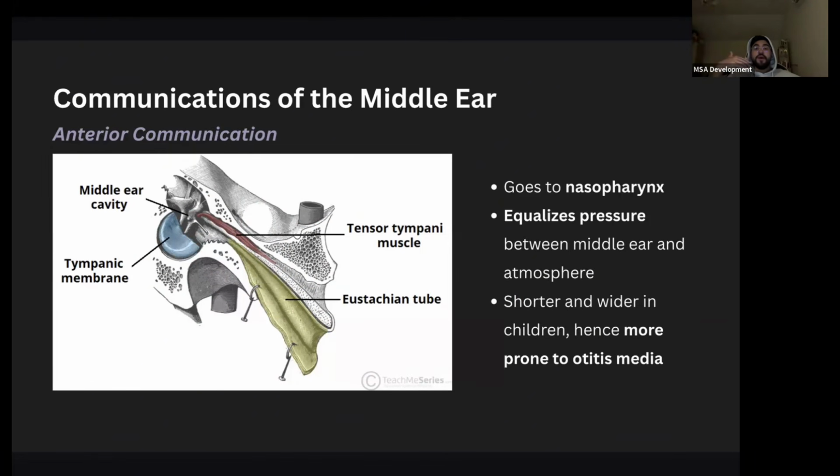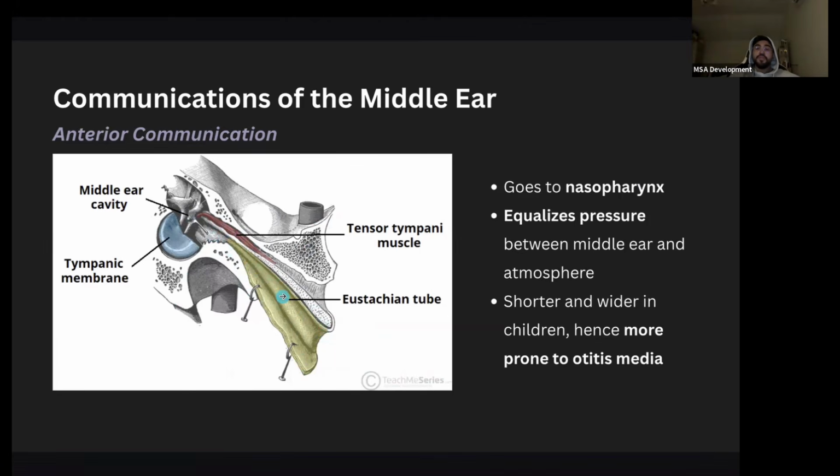Usually when you have certain sinusitis, or if you have strep throat and it's left untreated, sometimes it could develop into otitis media. Why? Because the middle ear and the nasopharynx are connected via the eustachian tube. It's very important that you know this.